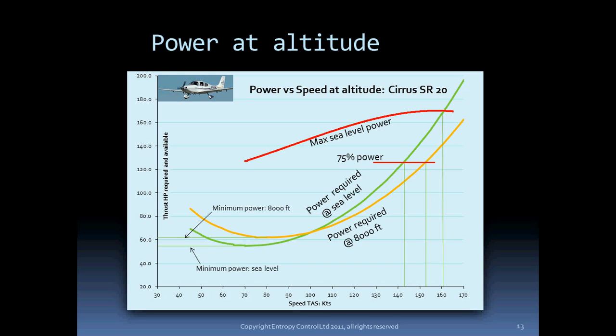The maximum available from the engine is around 75% power at 8,000 feet, yielding thrust horsepower of about 125 horsepower. At sea level, that 75 horsepower resulted in a speed of about 143 knots, but at altitude it yields a speed of 153 knots. You can see the attraction of turbocharging. If we could maintain sea level power at 8,000 feet, we could get a top speed of over 175 knots.